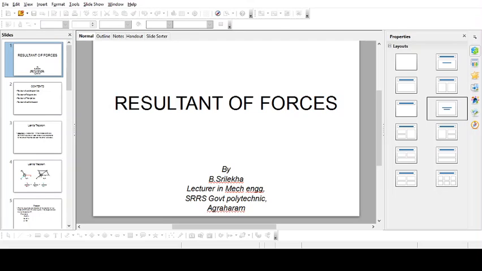So this is the formula we are using, and on substituting, tan theta equal to Q sine alpha by P plus Q cos alpha.